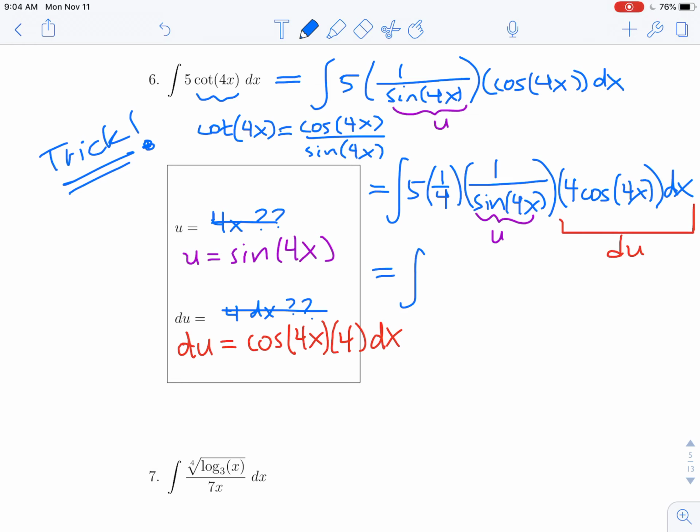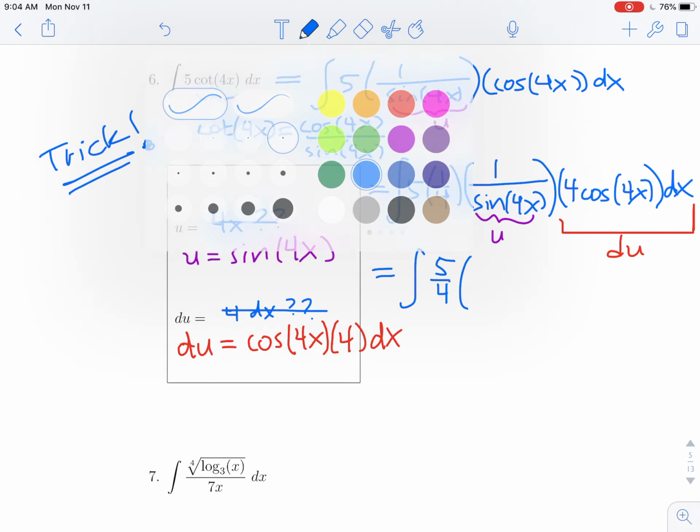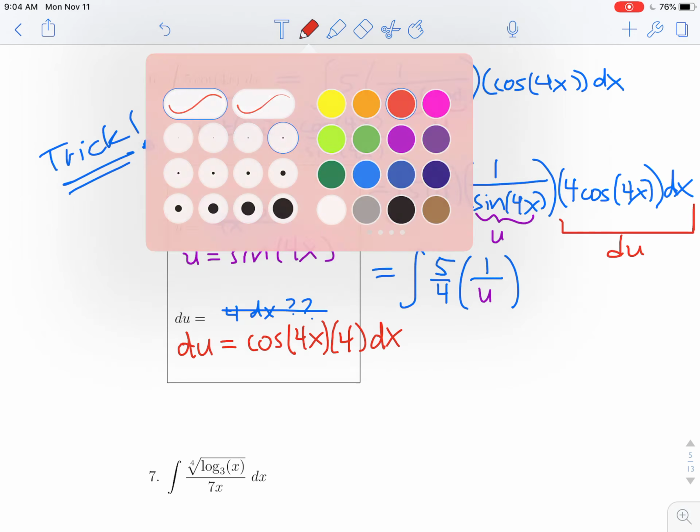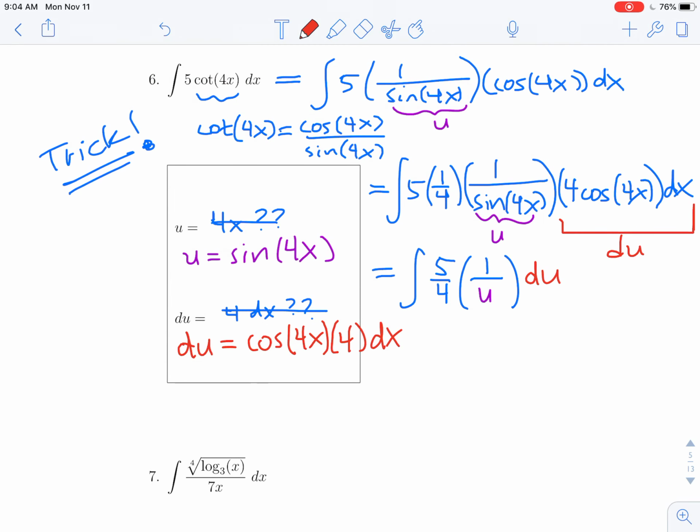So it's the indefinite integral of 5/4 times 1 over u du.